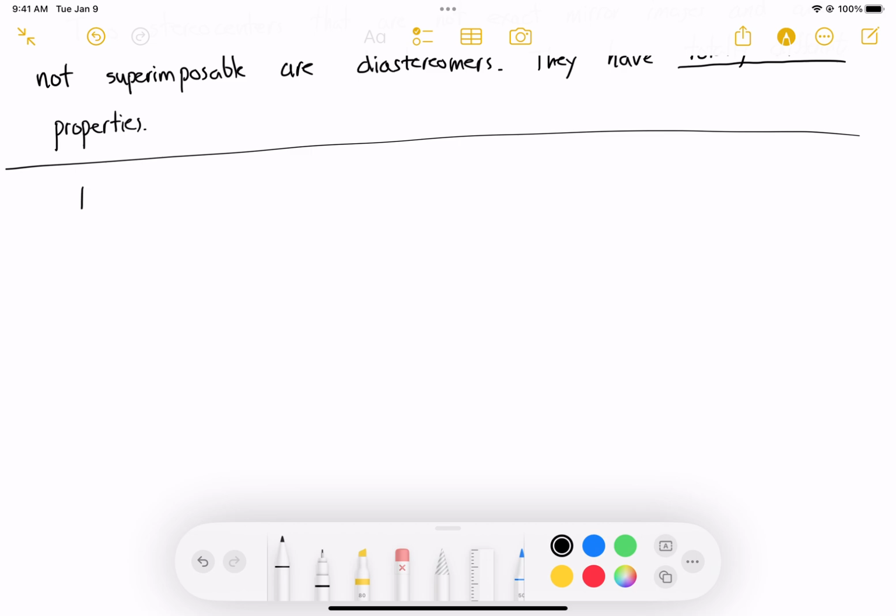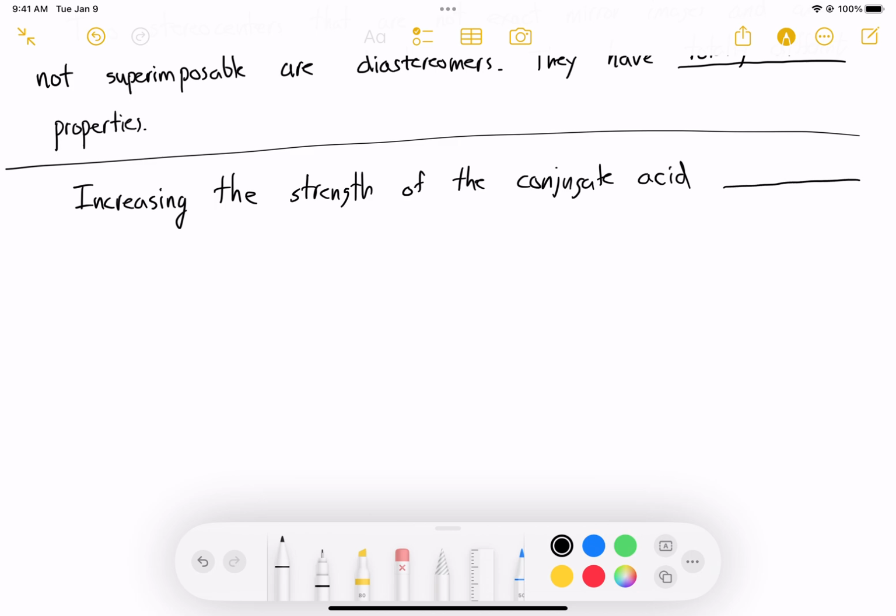So increasing the strength of the conjugate acid increases the leaving group's ability to leave.